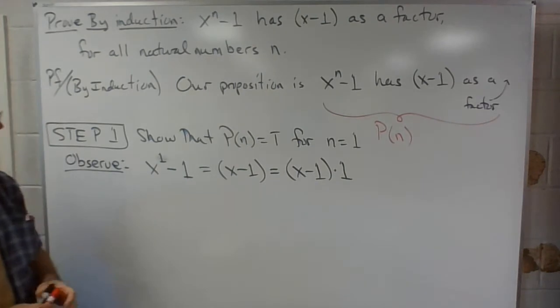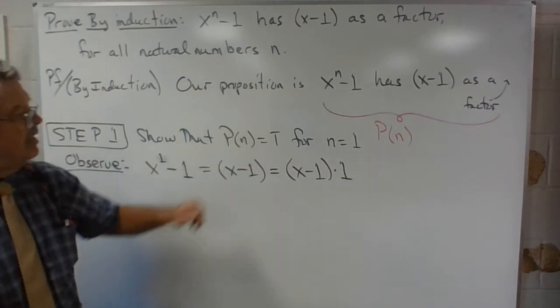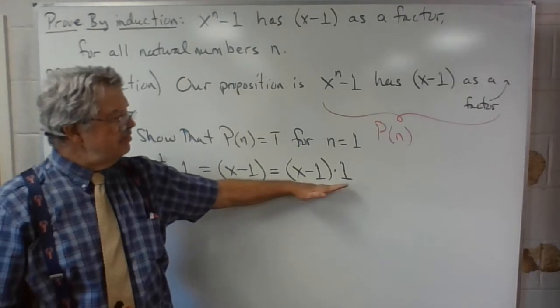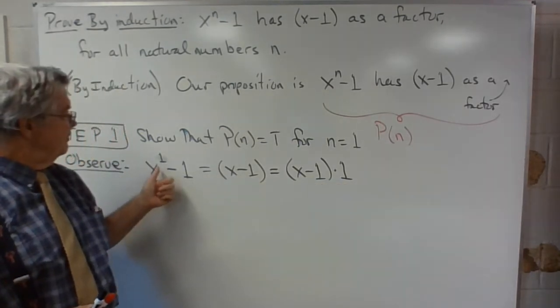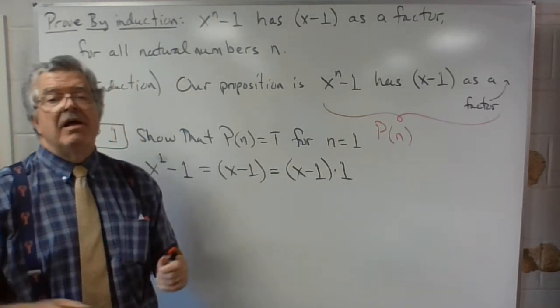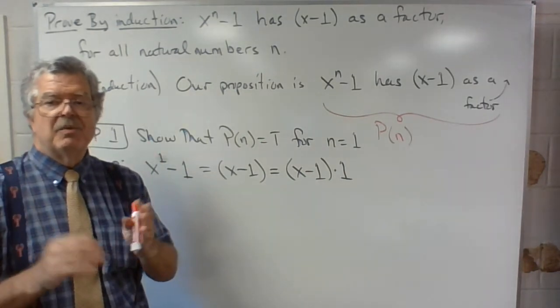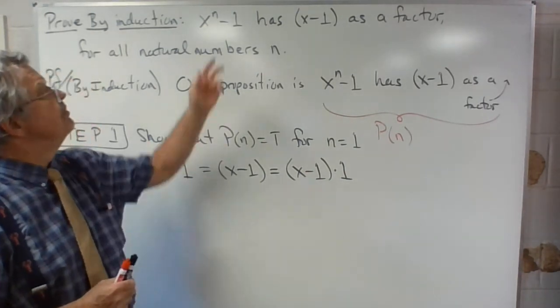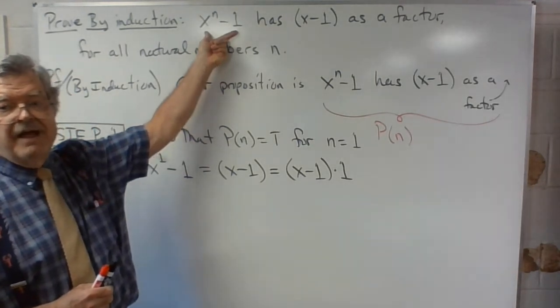I've shown this for n equal 1, and I'm going to explain how I've shown that x to the first minus 1 has x minus 1 as a factor, according to the criterion that we're going to use to define this as having a factor.